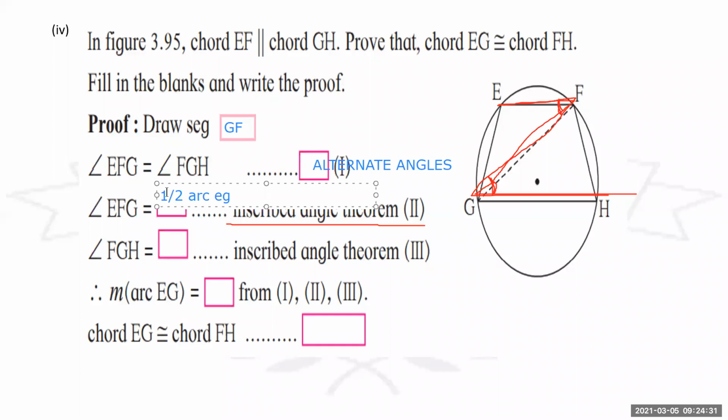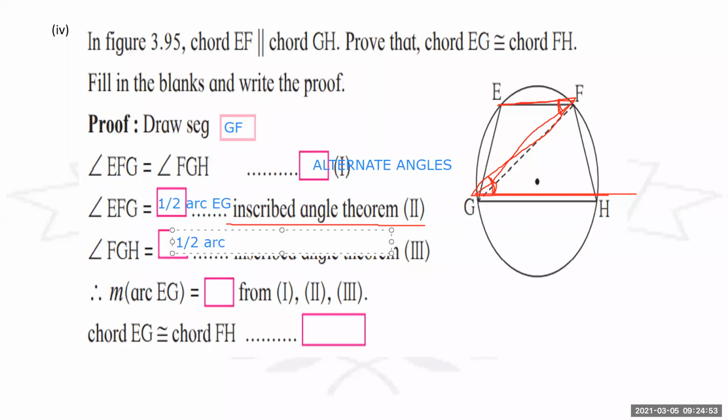What would come in the next step? Arc FGH equals half of arc FH.